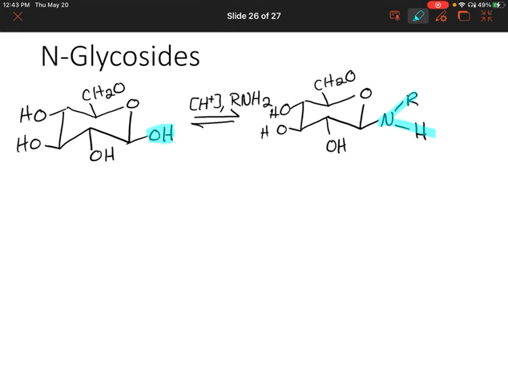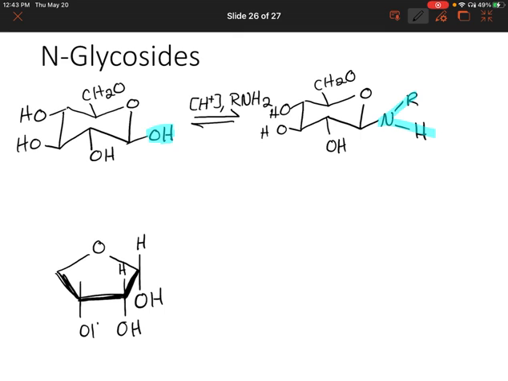And if we do the same thing to, for instance, a carbohydrate that looks like this, then we can start to form the building blocks of RNA and DNA. So let's just draw this molecule here. We've got a lot of OH groups pointing down, and then we have our CH2OH group pointing up.